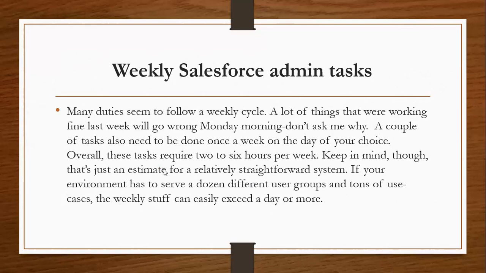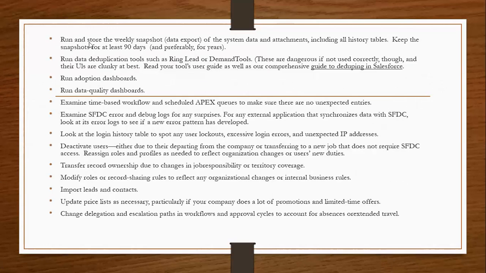Next, run and store the weekly snapshot data export of the system data and attachments, including all tables. Keep the snapshot for at least 90 days and preferably for years.